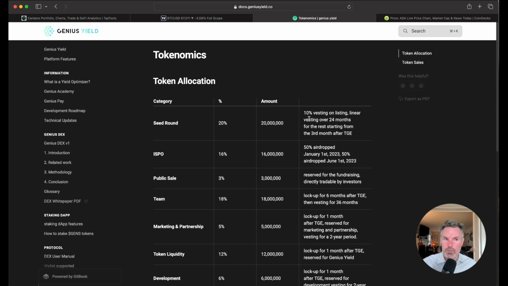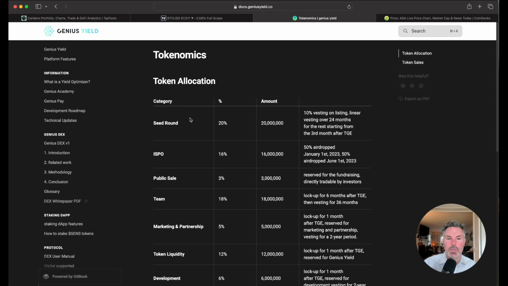It tells you how the emissions are going to come out. The emissions of a token are how the tokens are going to get released. So these people who were part of the seed round, when are they going to get the token? 10% vesting on listing, so when the token actually becomes listed, then linear vesting for 24 months for the rest, starting from the 3rd month after the token generation event.